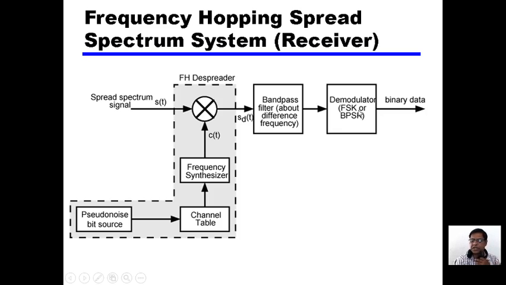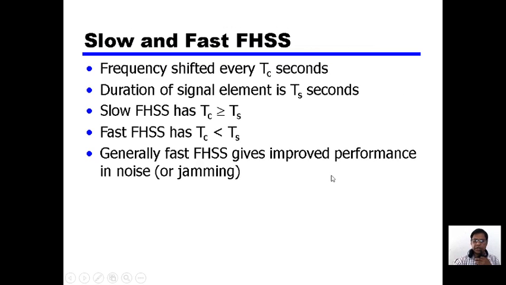There it was the modulator and here it is the demodulator, using frequency shift keying and binary phase shift keying. By this it converts the binary data back to a human understanding level, so we are able to hear it.